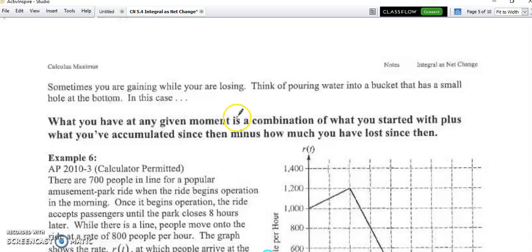So what you have at any given moment is going to be a combination of what you started with plus what you've accumulated minus how much you have lost.